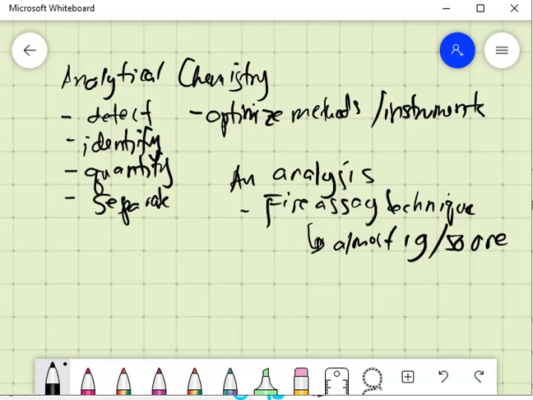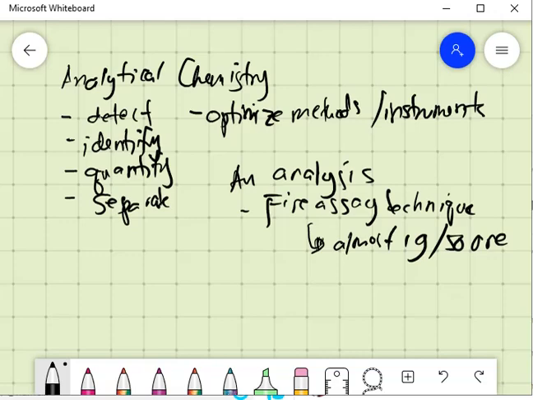If it's maybe half of a gram, like 500 milligrams or lesser, it won't be able to detect the presence of gold. So the analyst would report that there was no gold found, or no gold is present in the ore, which is not really true.